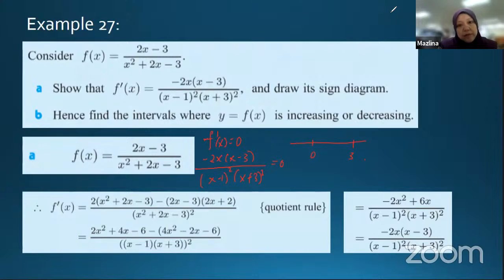Okay, our graph of 2x minus 3, and then x squared plus 2x minus 3. I see. Okay. Fatini, can you tell me what your idea was before? When you found this, you equated the denominator as well, you took 1 by 1 equals to 0.